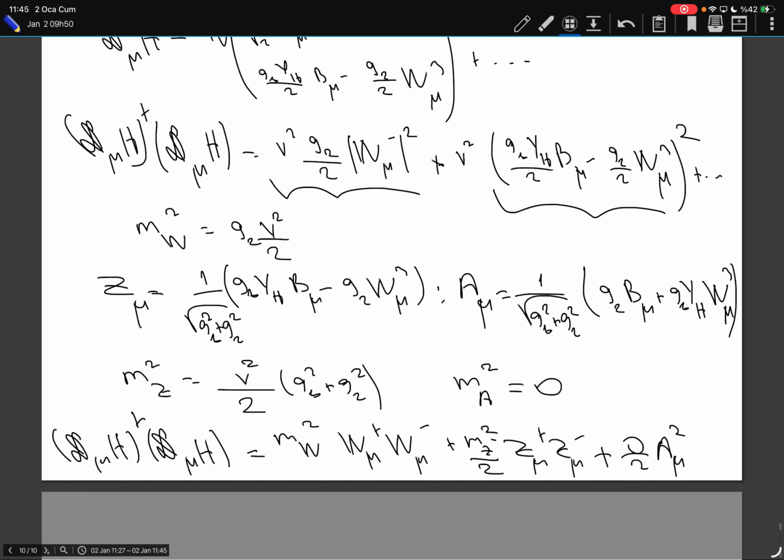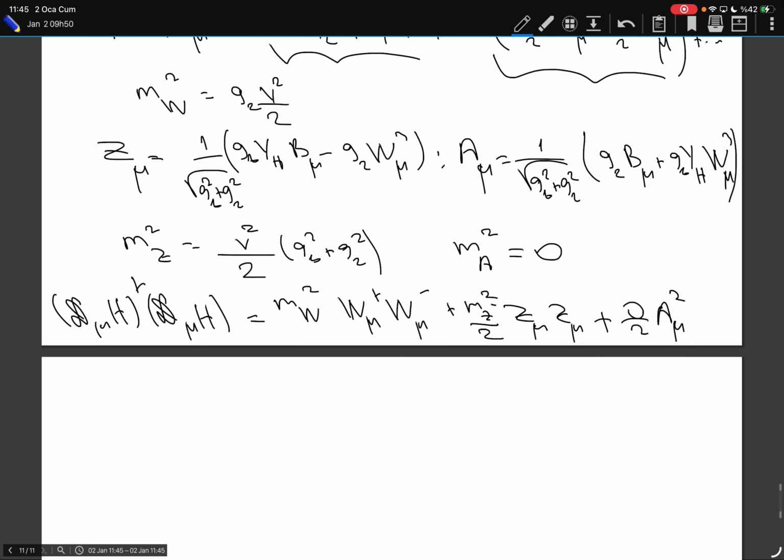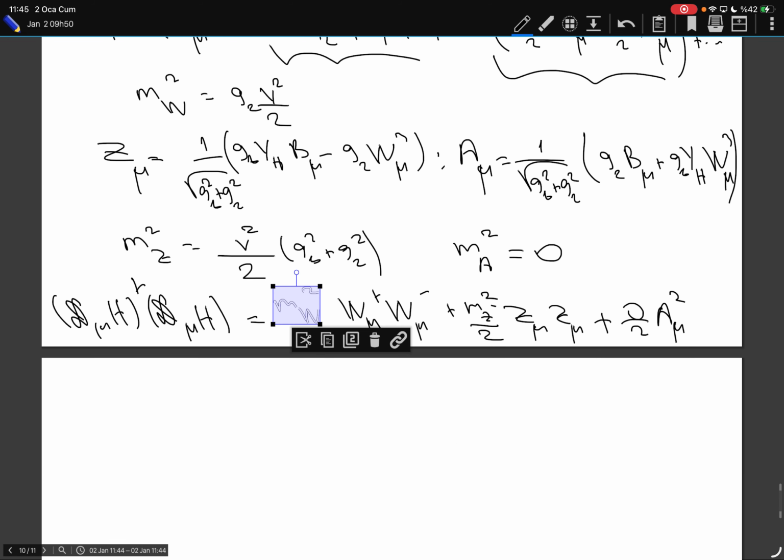No, z mu doesn't have a plus minus. So my theory actually has one massive complex vector field, one real massive vector field, and one massless vector field.